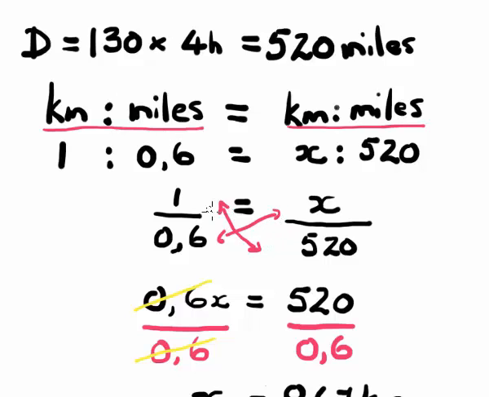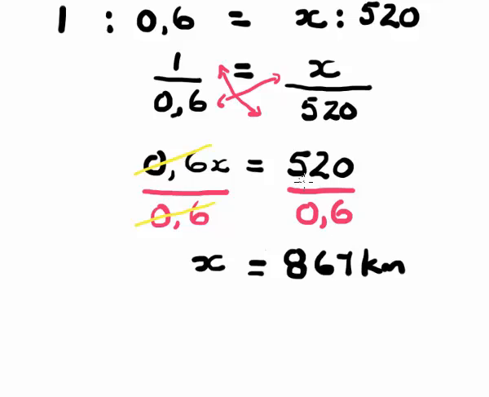We now cross multiply it, so x times 0,6 gives you your 0,6x, and 1 times 520 is 520. On the left-hand side, our two 0,6's cancel, that's why we divided by 0,6, and on our right-hand side, when we divide 520 by 0,6 and round it to the nearest kilometer, we get 867 kilometers. I hope that has cleared up your speed, distance, and time.